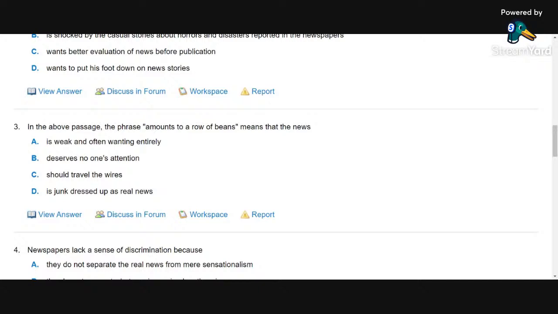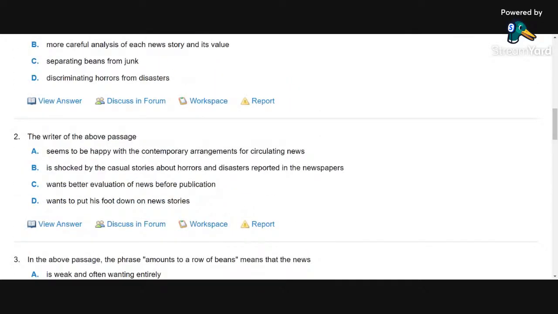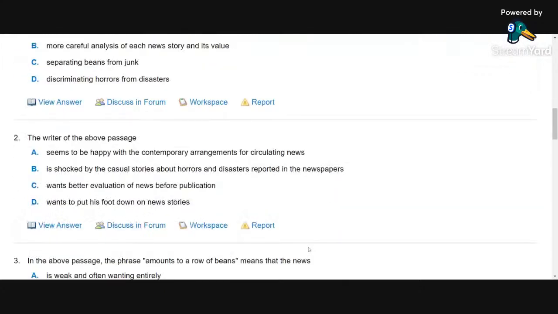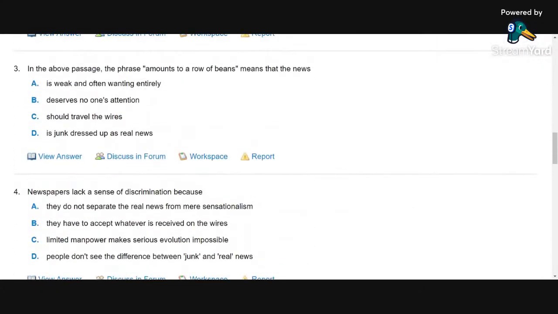Yes, it is option B, deserves no one's attention, because it was mentioned clearly in the passage. I'll show you the passage once again. See the third line, it is quoted: 'This is important and that does not amount to a row of beans, deserves no one's attention and should not travel the wires any further.' So, deserves no one's attention. Option B is the right answer.